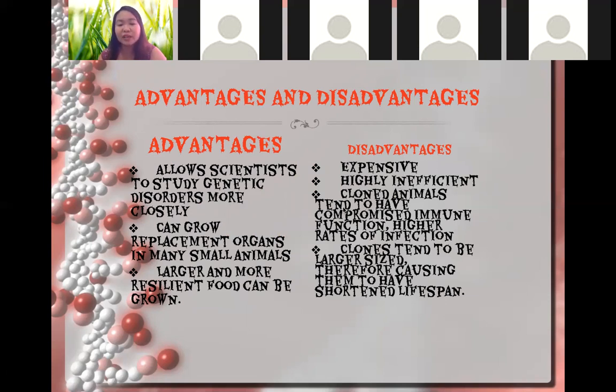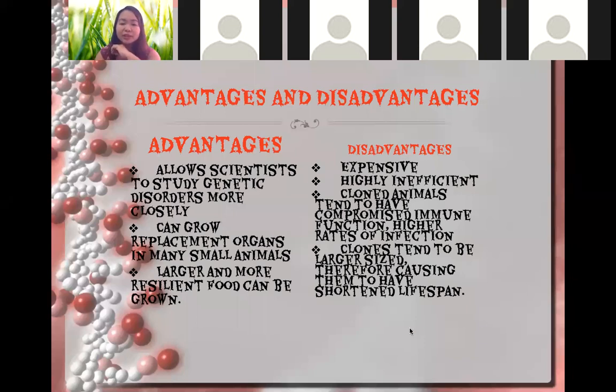Cloned animals tend to have compromised immune functions, higher rates of infection, and tend to be larger in size, therefore having a shortened lifespan. So usually if you are a clone, your immunity or function is lower, and because science has not perfected it yet, aside from being very inefficient and very expensive, it also has a shorter lifespan.